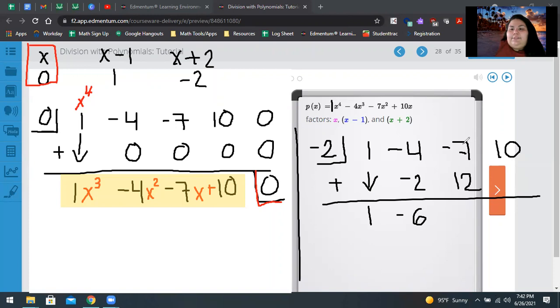Then -7 plus 12 is going to be 5. So 5 times -2 is -10. 10 plus -10 is 0. Again, this started out from x to the third power, so I already used this factor.